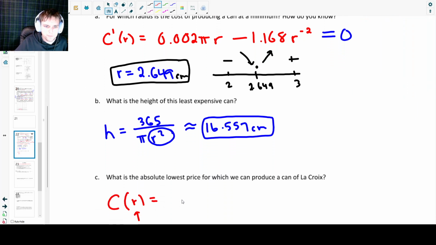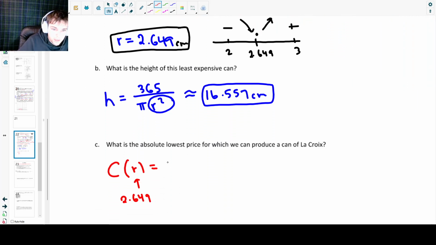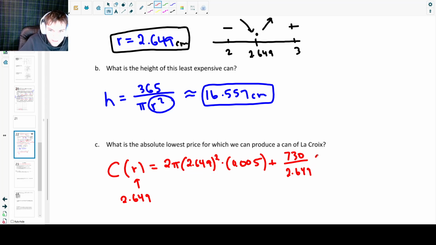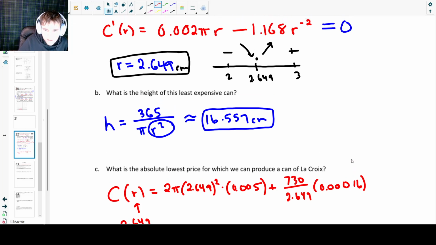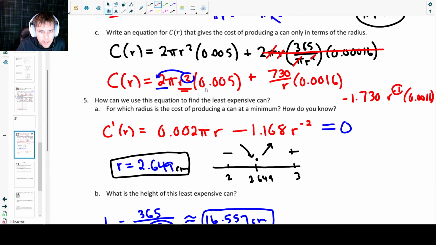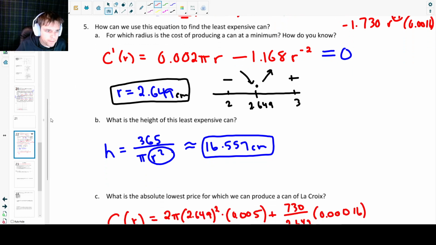So I have 2 pi times 2.649 squared times 0.005 plus 730 over 2.649 times 0.00016. I believe that is our calculation. Again, 2 pi r squared times 0.15 plus 730 r. Yep, looks correct to me.